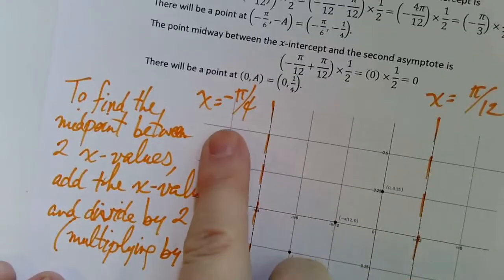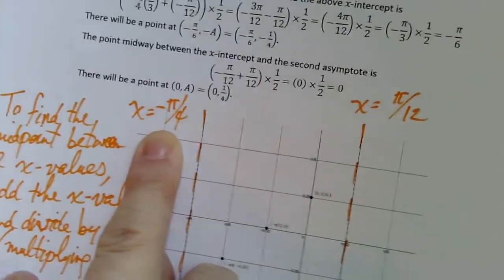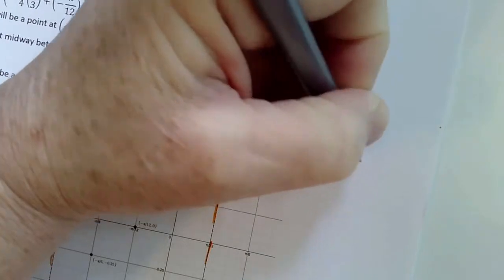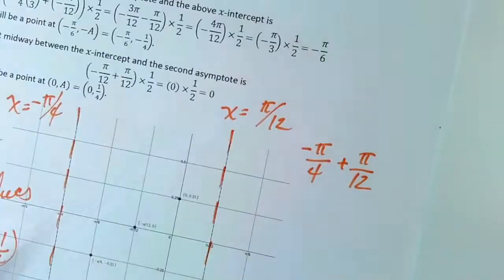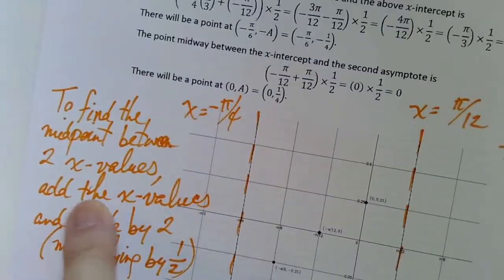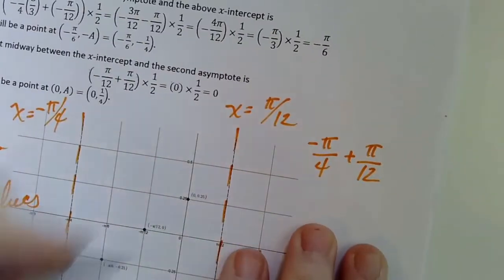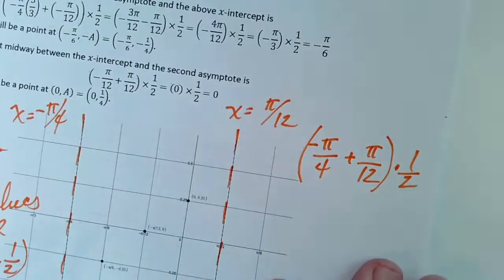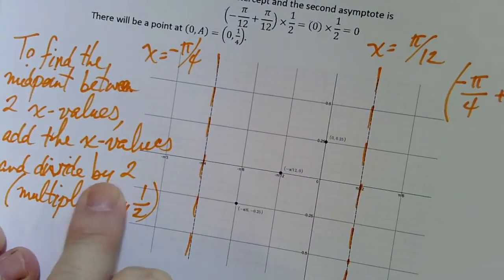So let's see. We've got negative pi over 4 and pi over 12. So I've got negative pi over 4 plus pi over 12. The first step is to add the x's. And the answer is going to be multiplied by 1/2. That's this.